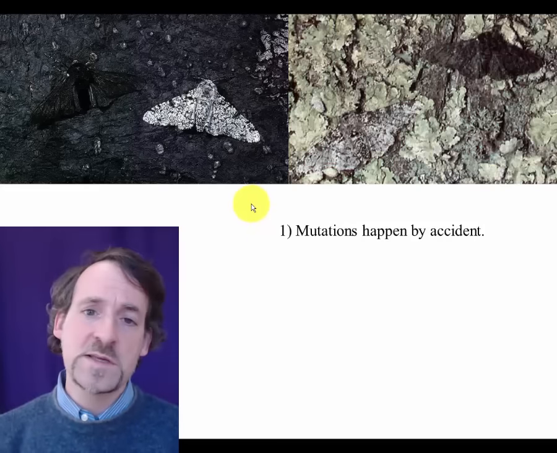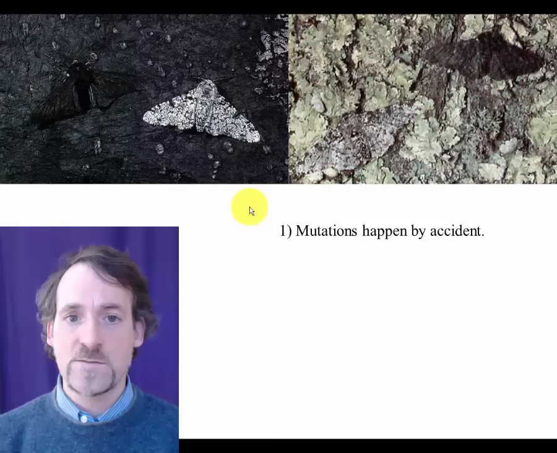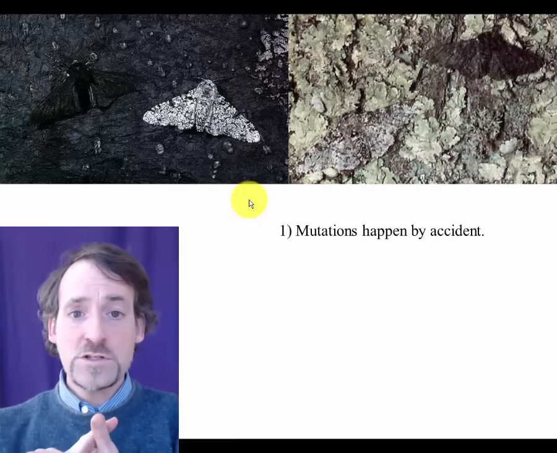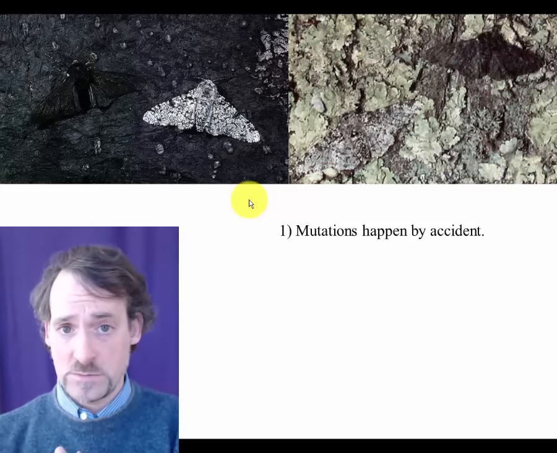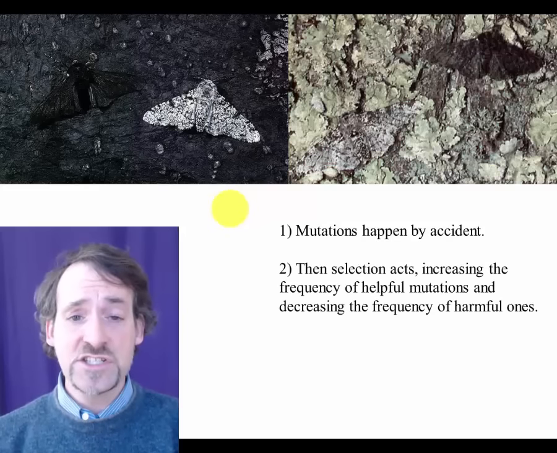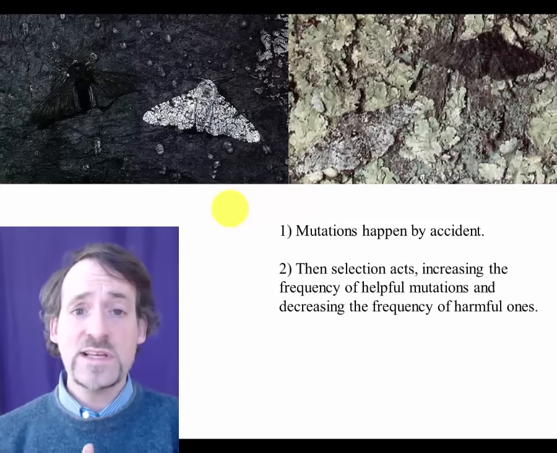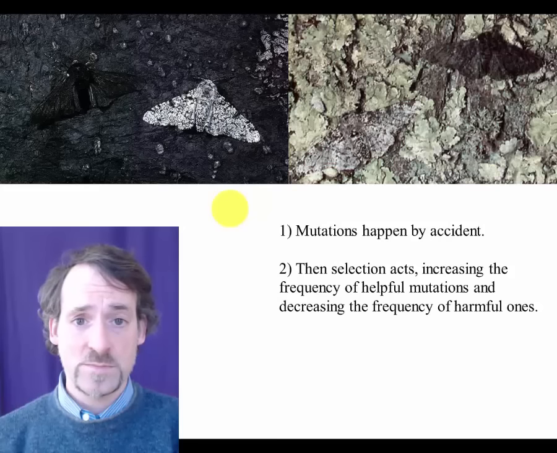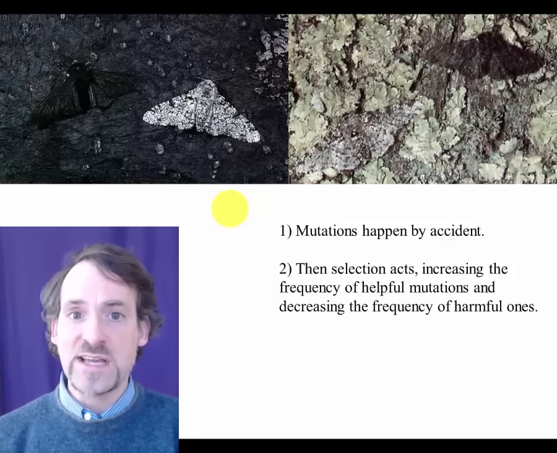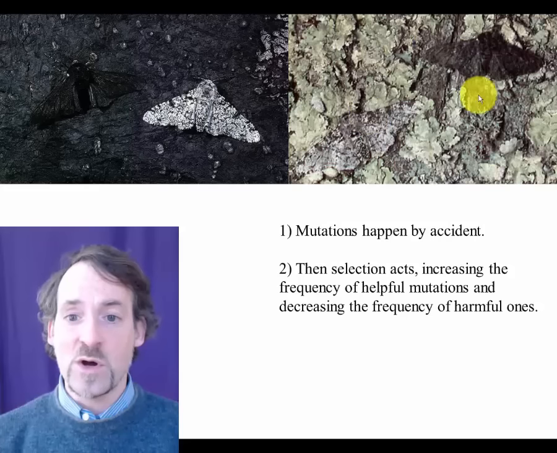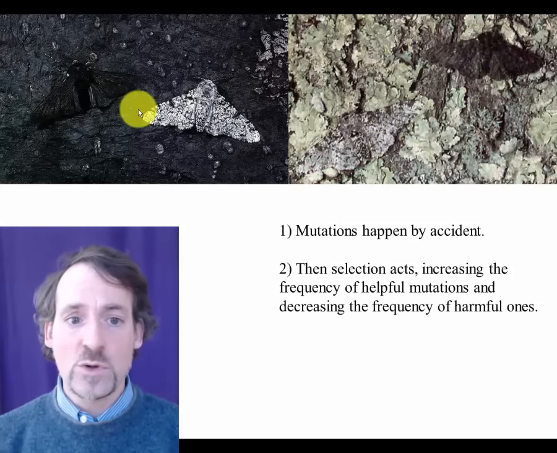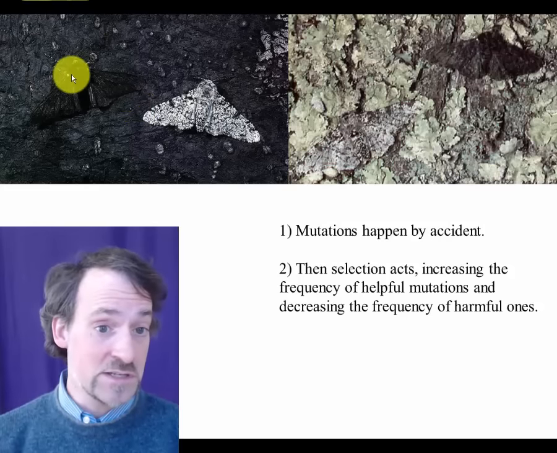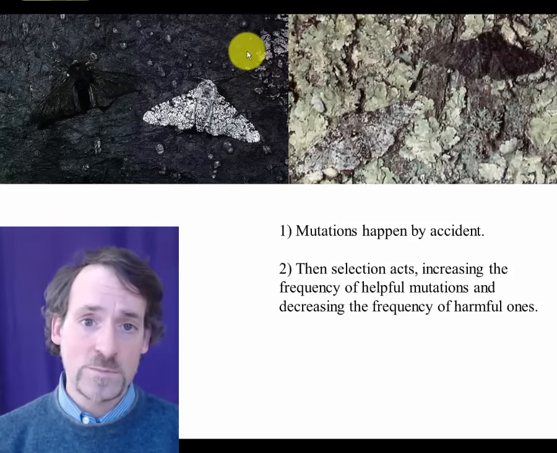What you want to do is be thinking about mutation and selection in the following way. The first step is that mutations happen. They are accidents. They happen at random with respect to whether or not they're going to be useful. And then selection acts only after the mutation has occurred. Once there is a big A allele in a population of moths, selection can act to weed it out, in this case because it's harmful, or it can act to increase it in frequency because in this forest it's helpful.